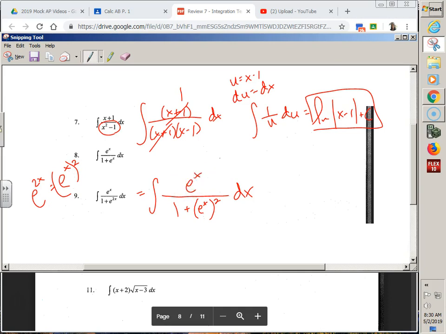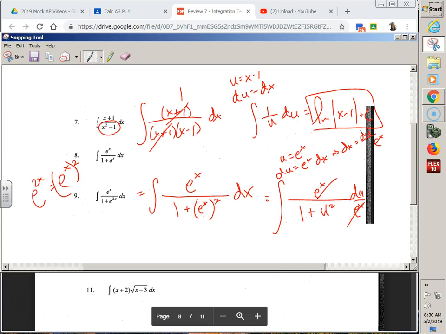Maybe u is just the e to the x, and if u is e to the x, du would be e to the x dx, which would work out quite nicely, because when I plug in, I'll have 1 plus u squared, e to the x with a du over e to the x. That cancels out.